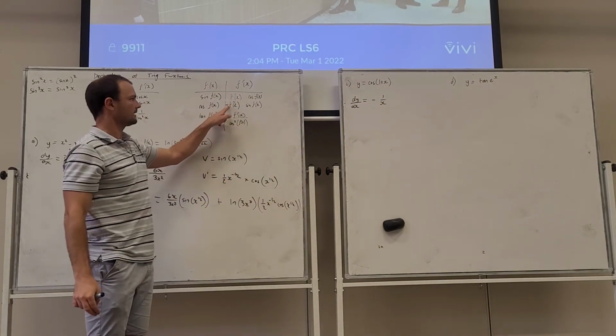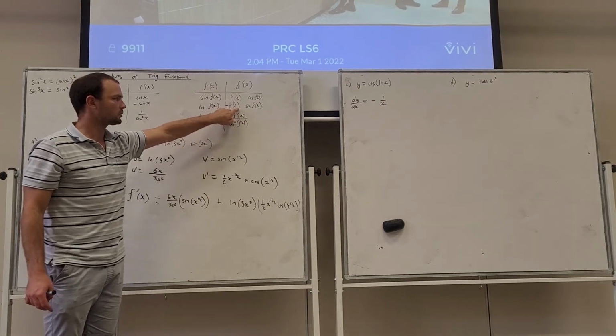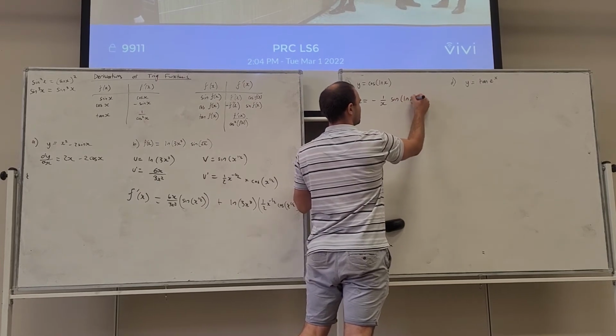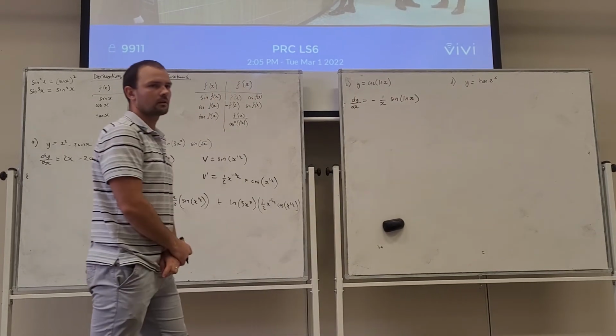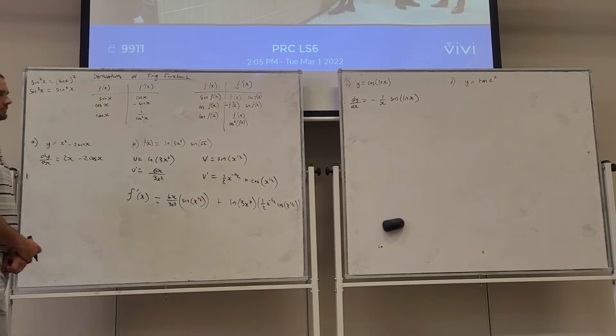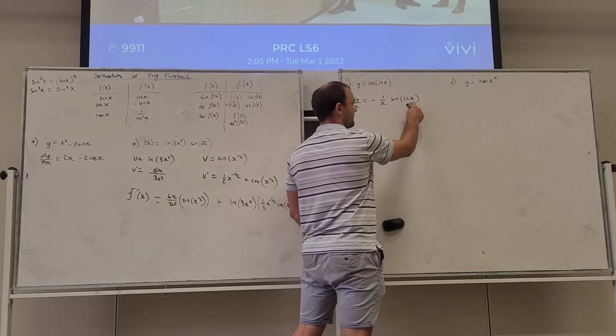Negative because there's a negative there. Okay, negative, the derivative of the function, and then times by sine of the function. Alright, that one's done. So, negative f dash of x, sine f of x.